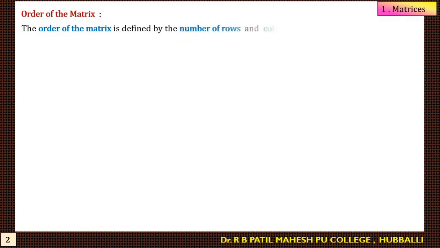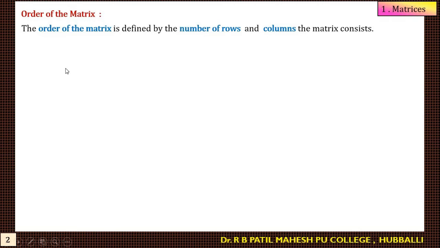Now move to the next. Order of the matrix. So the order of the matrix is defined by the number of rows and columns the matrix consists of.